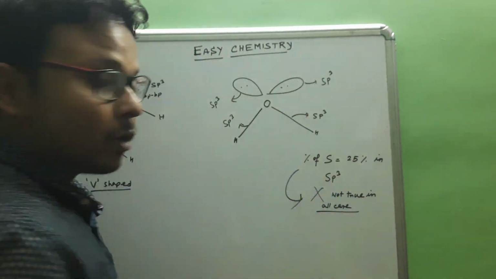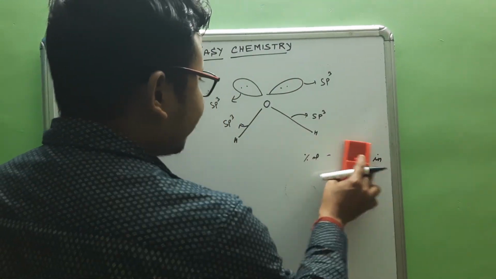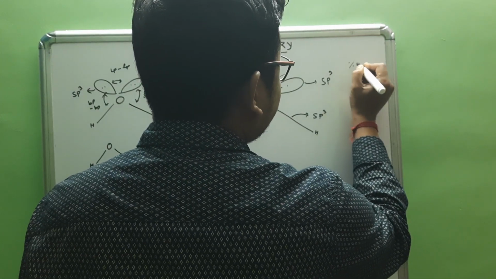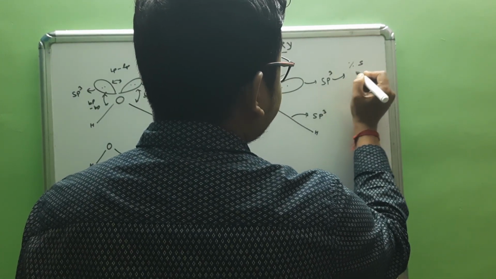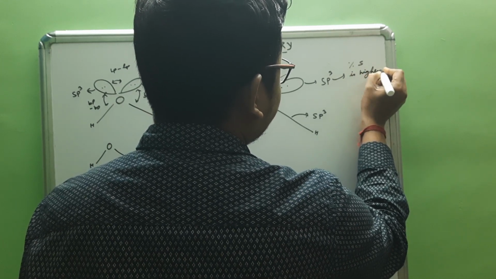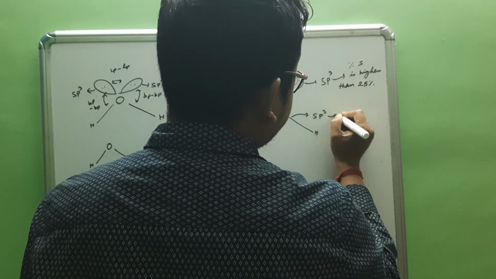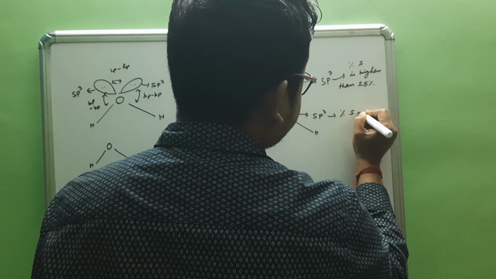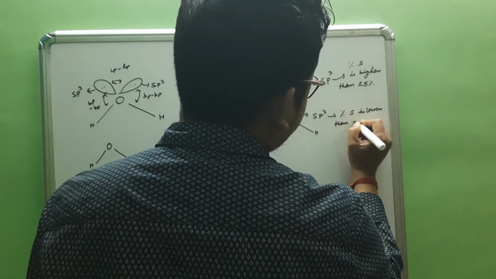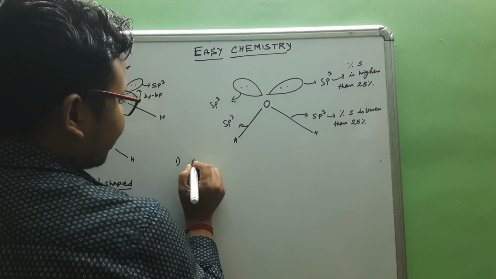This concept is not true in all cases, because here these two sp3 orbitals house the lone pair. So in that case the percentage of s character is higher than 25%, and in the other case the percentage of s character is lower than 25%.